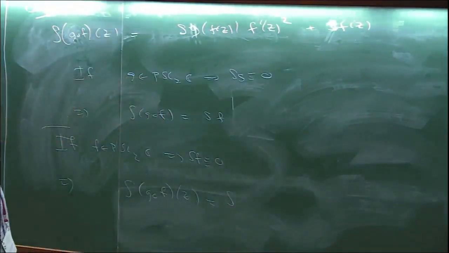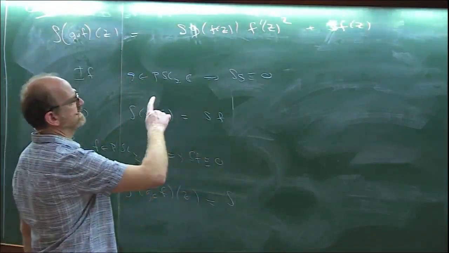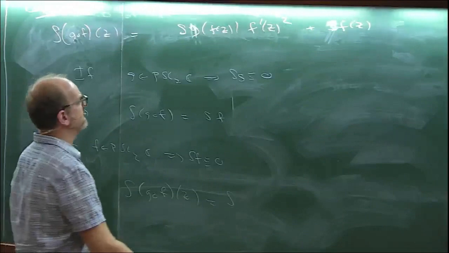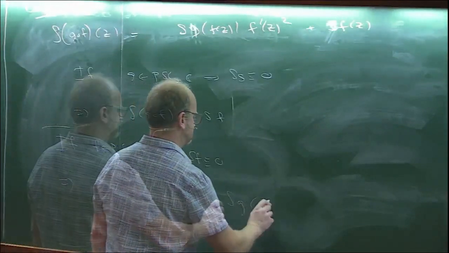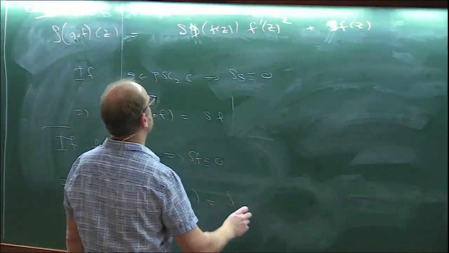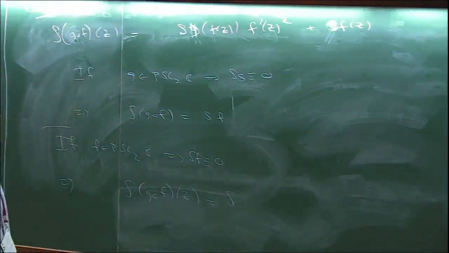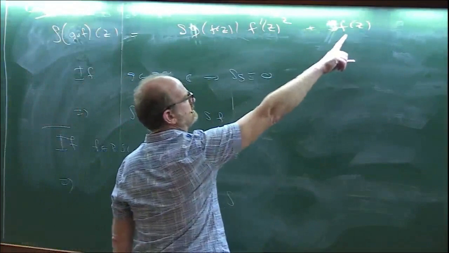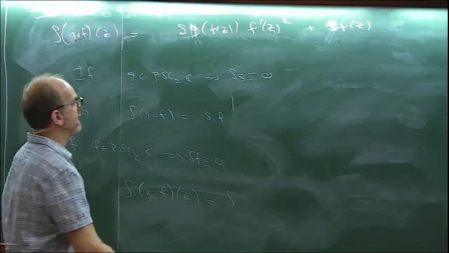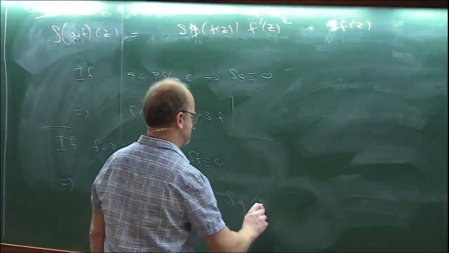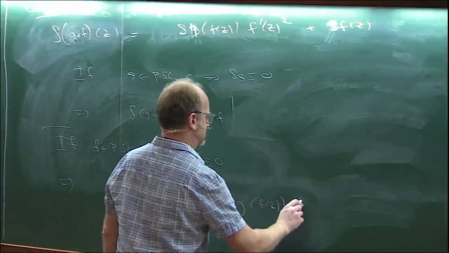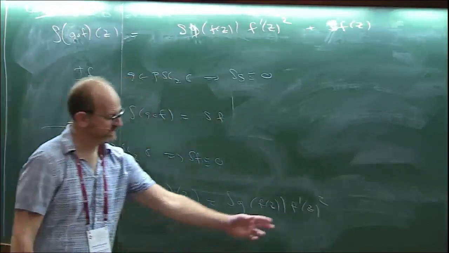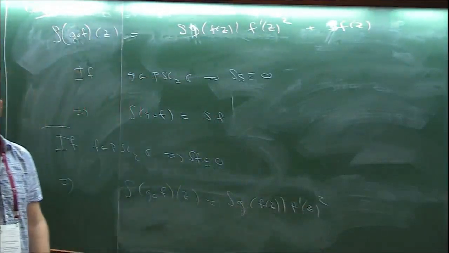Well, then the formula is not as nice. Here we get this term is 0, right? But we have this funny derivative of f squared sitting in here.